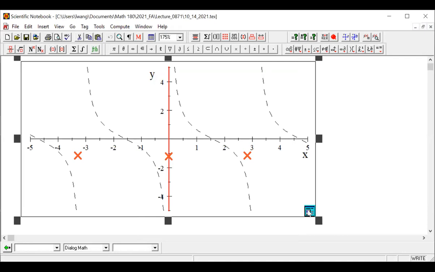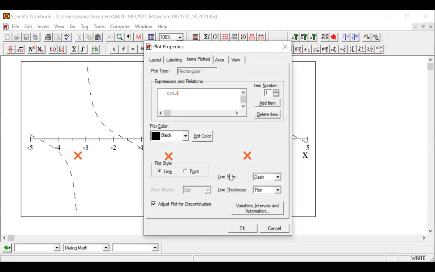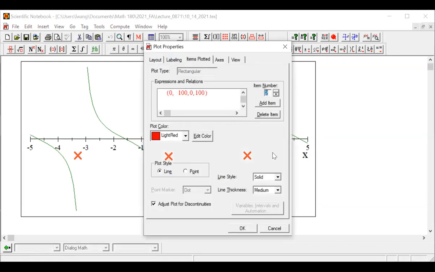Okay, wait a second. This is not broken, I'm going to make it green. The red needs to be broken. That's one of the vertical asymptotes.